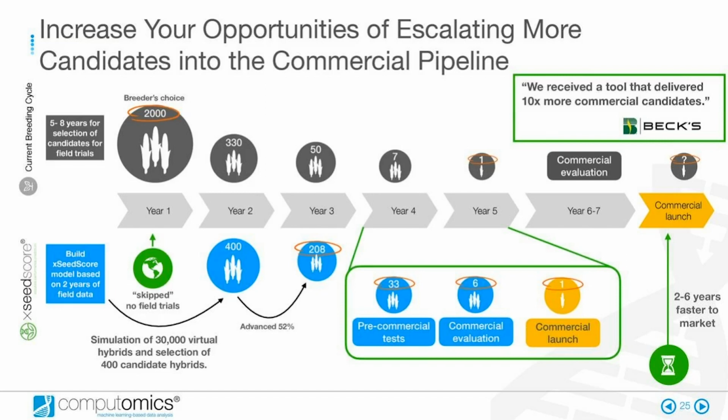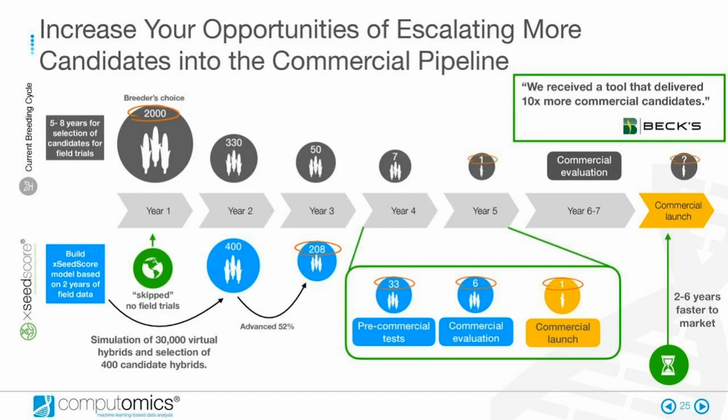The key success factor for Beck's is that they dramatically increased the possibility to identify a new elite line. Remember, we start with a pool of 30,000 hybrids to choose from, compared to just 2,000 to find a new superior variety.